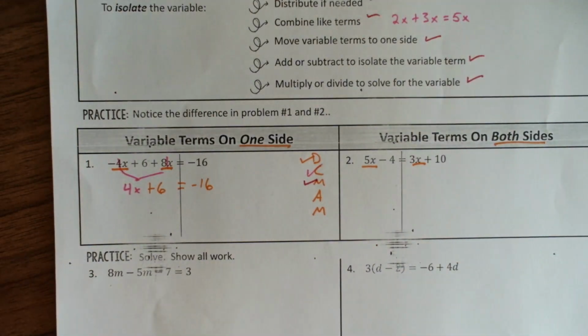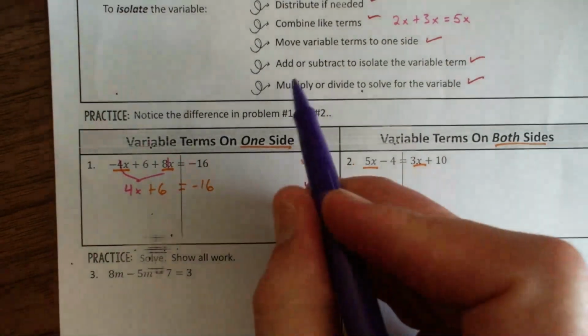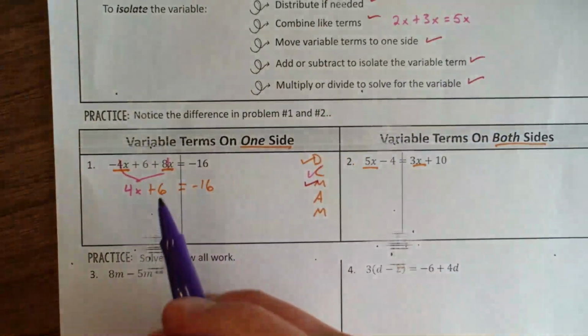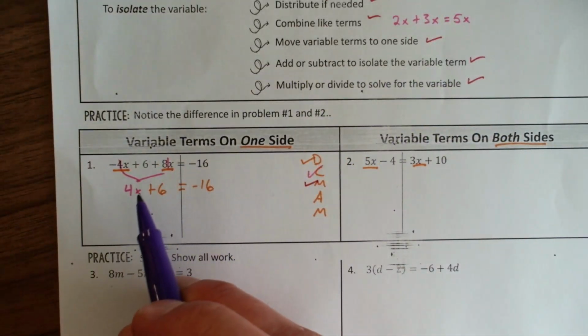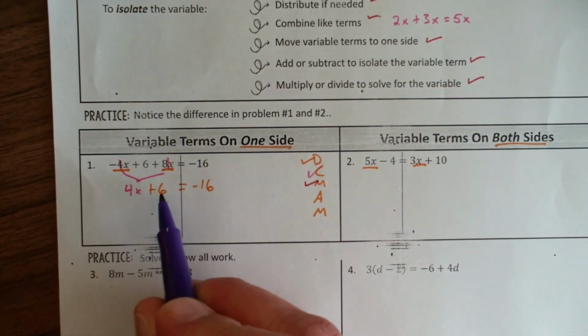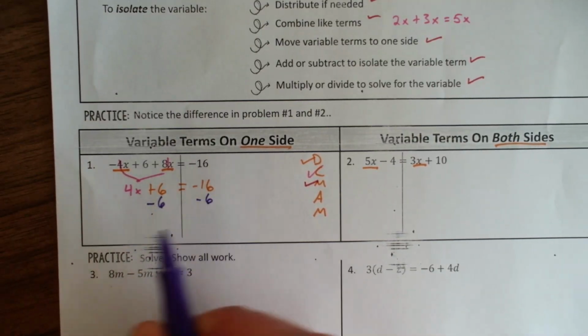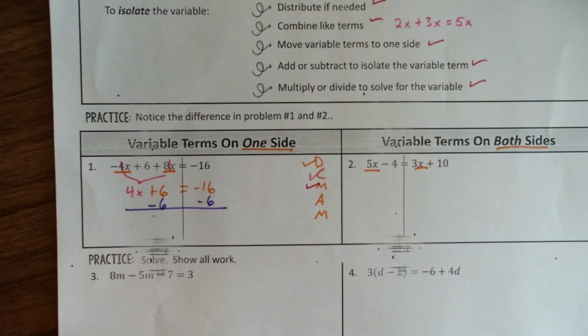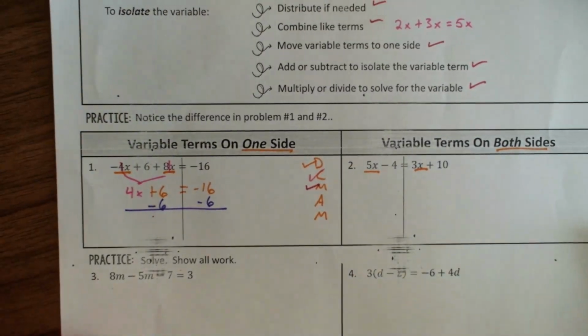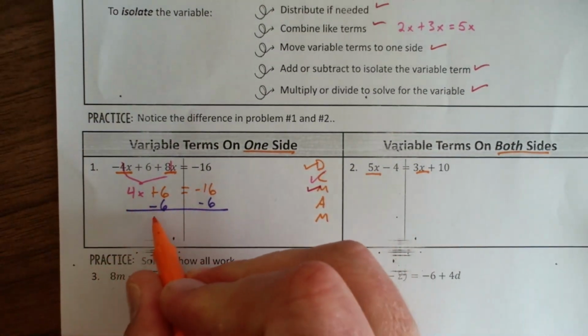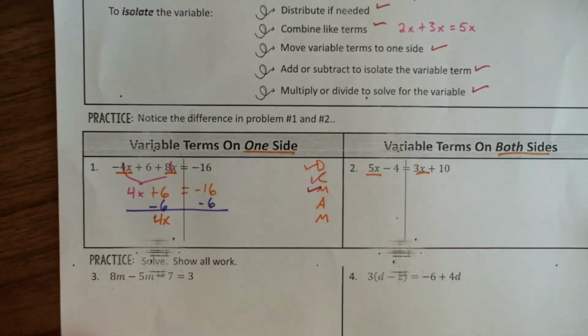Now, this is like a normal two-step problem. I add or subtract to isolate the variable term. Here's my variable. I want to get it by itself. Here I'm adding 6, so I need to do the opposite. The opposite of adding 6 is subtracting 6. Nothing happens to the 4x, so I'm going to keep that as orange because nothing happens to it.